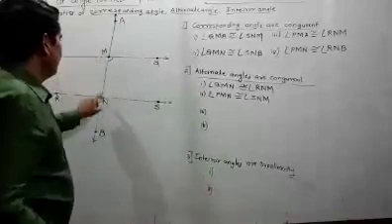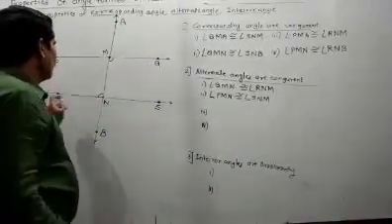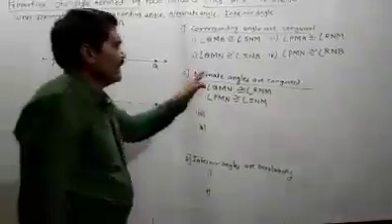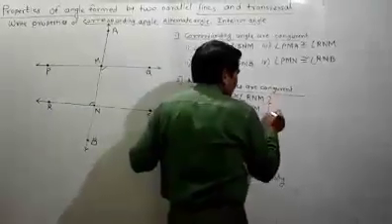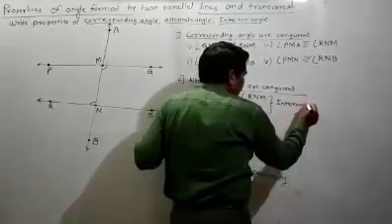Angle PMN is congruent to angle SNM. Angle QMN is congruent to angle RNM. Everybody understand? Means the alternate angles are congruent. These are the interior alternate angles.